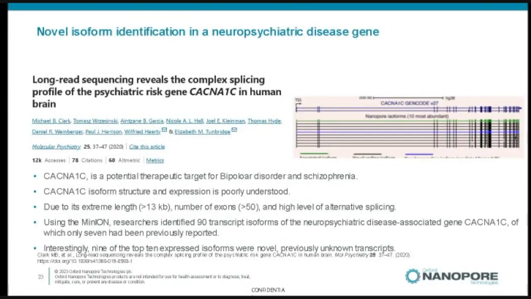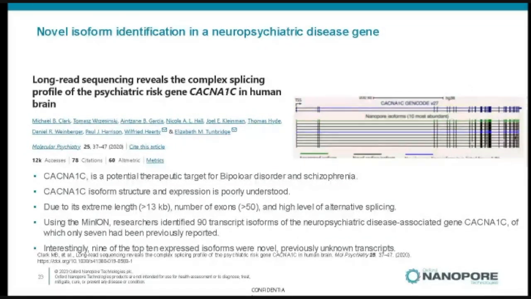So this gene has a not well understood isoform structure and expression. The reason is that it has a very long length, approximately more than 13,000 kb. There are many exons within this 13,000 kb, more than 50. And this gene also shows a high level of alternative splicing.